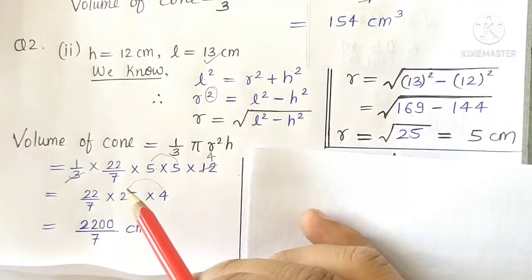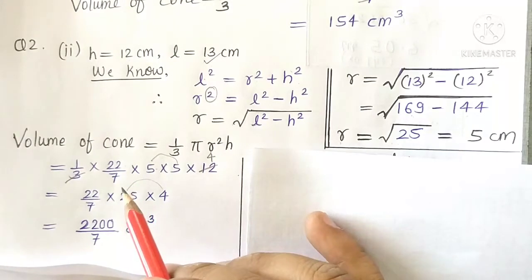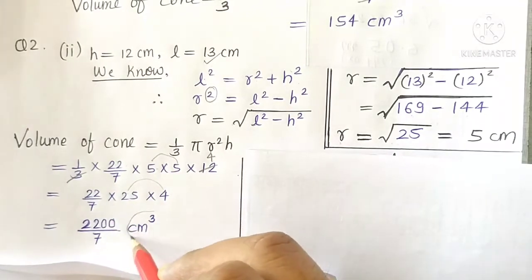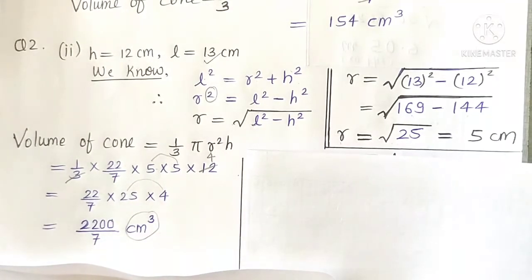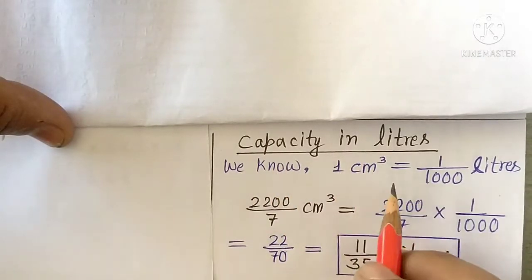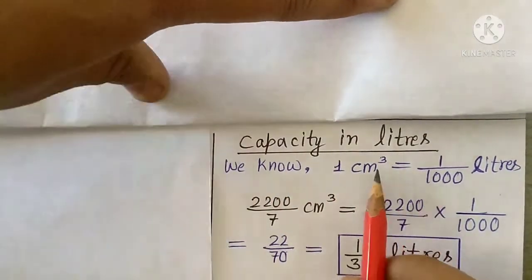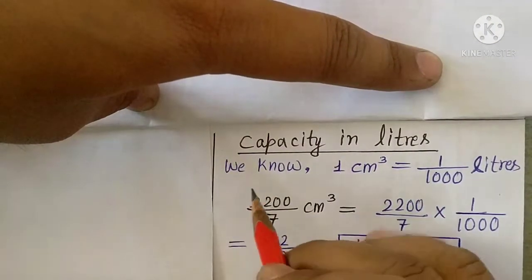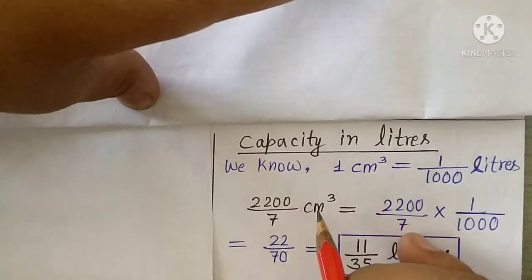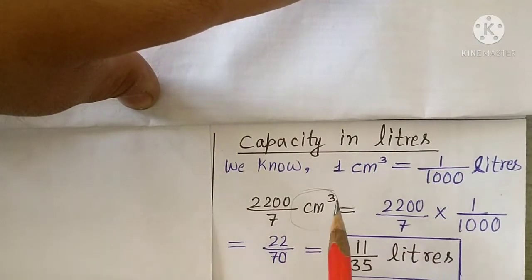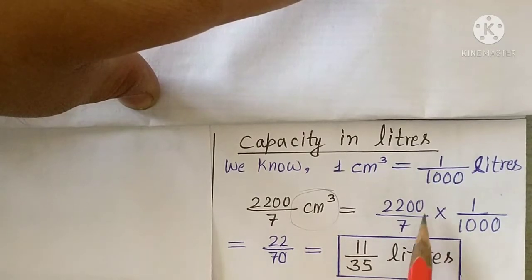But one thing is there, in the question they said you have to find the answer in liters. So we have to convert this centimeter cube into liters. Now we know very well that 1 centimeter cube equals 1 upon 1000 liters. So how much centimeter cube are we having? We are having 2200 upon 7 centimeter cube. So in order to convert this into liters, we multiply by 1 upon 1000.